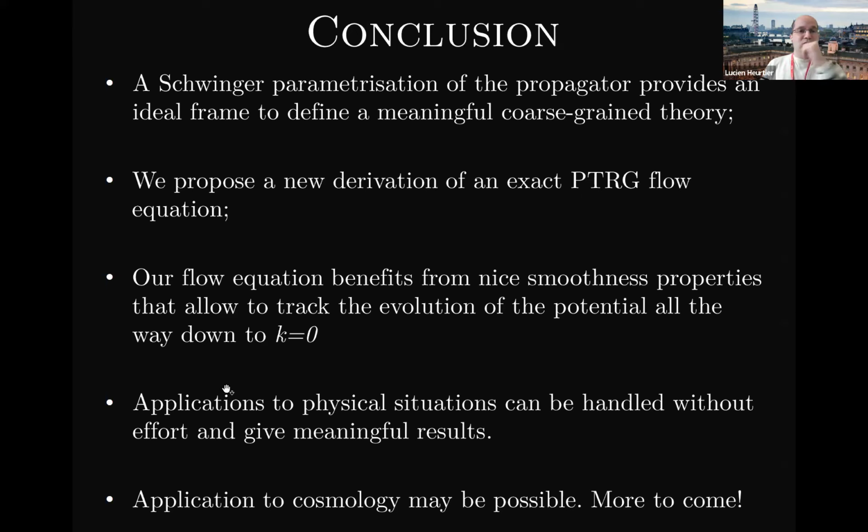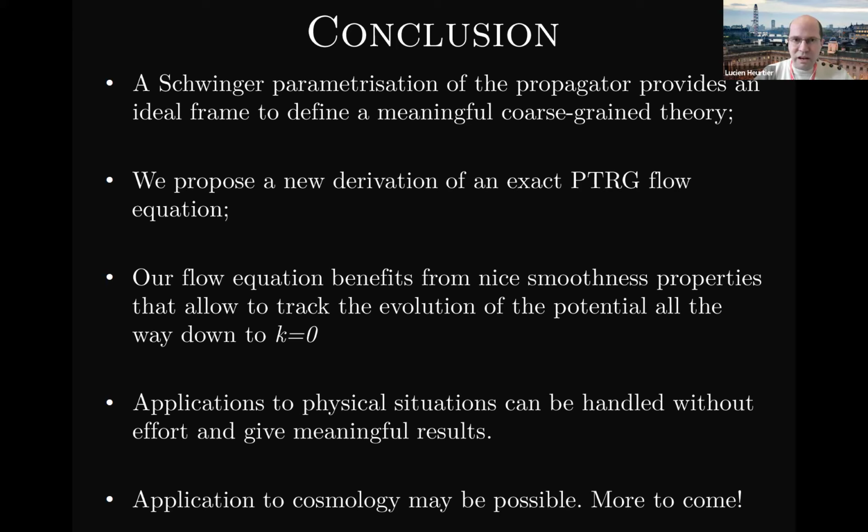And that leads me to my conclusions. Schwinger parameterization provides a good way to obtain meaningful coarse-grained theories, in which you can do physics, at least at a relatively naive level, trying to run down the theory, starting from the purely classical theory all the way down to the full effective theory, including quantum corrections.